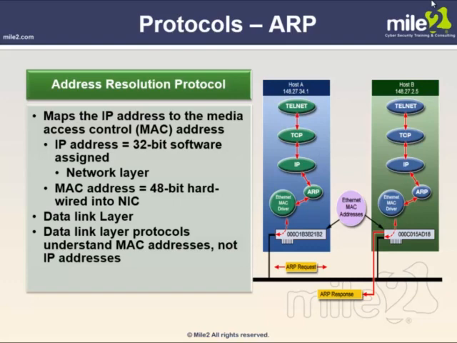That can be manipulated by a tool called MACOF, M-A-C-O-F, which floods the switch with literally thousands and thousands of entries for MAC to IP pairings, so that the switch is overwhelmed and the CAM table fills up. That allows the switch to act like a hub, which allows us to see everything on the network instead of just the section that we're connected to.